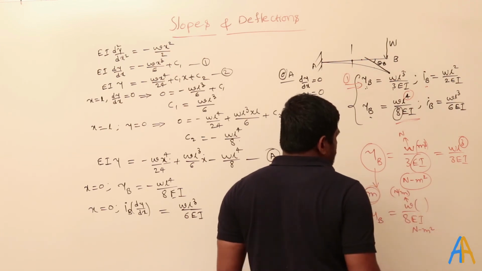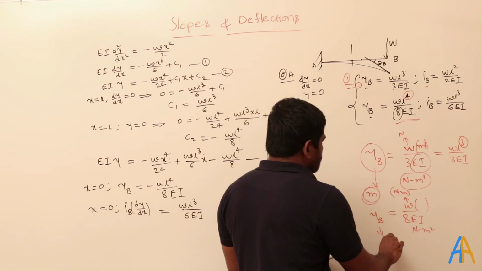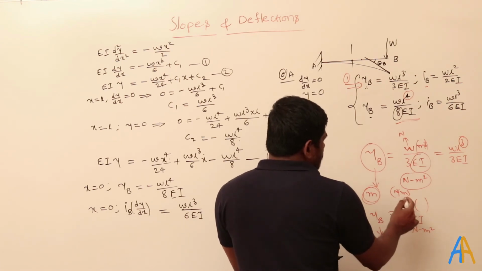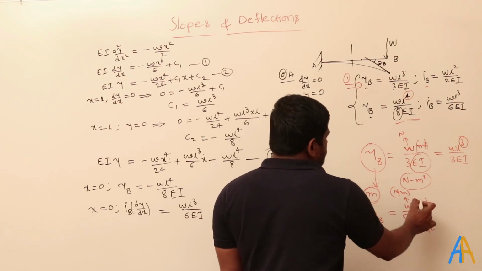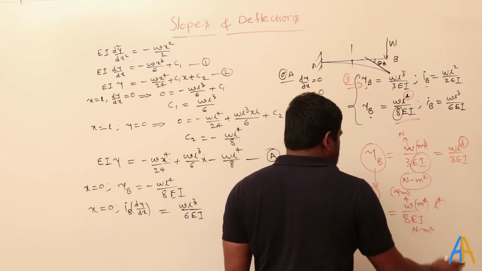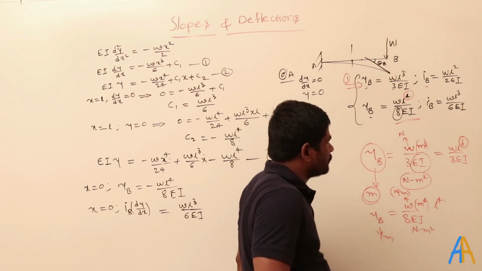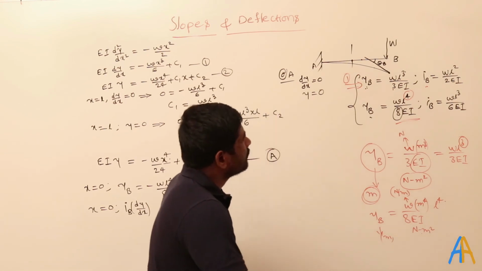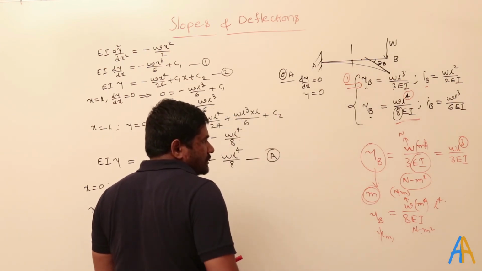Small w is Newton per meter, and finally I want to get a meter unit. So here this and this will become 1 by meter cube. So here meter power 4 should come. That means L power 4. That is how you need to remember in the examination, even if you get confused. And you remember these 4 formulas, and next time we may not be deriving this again and again.